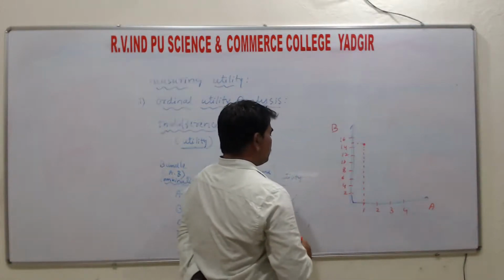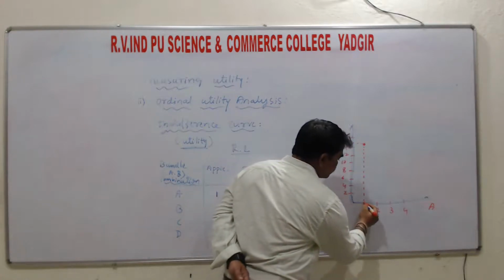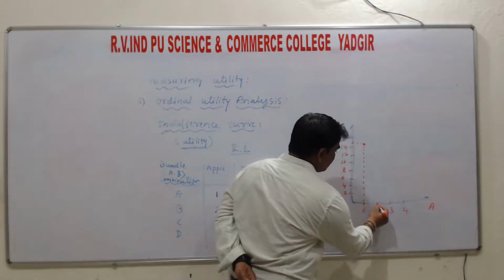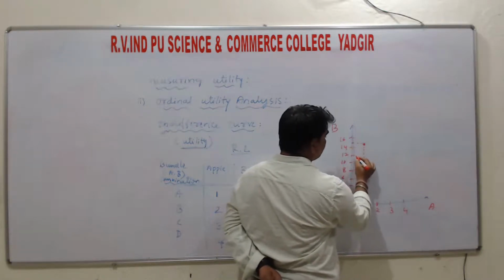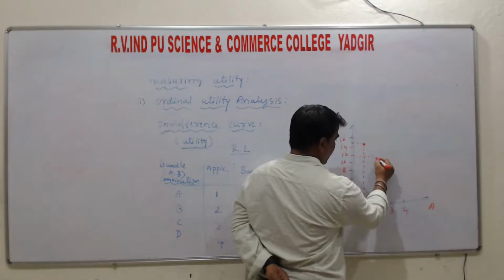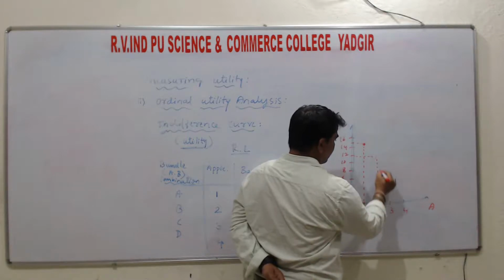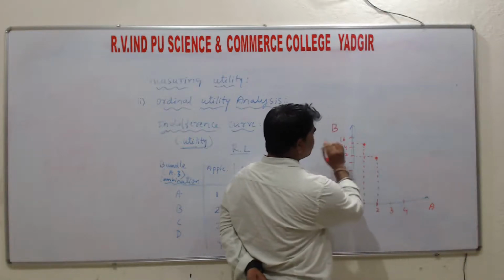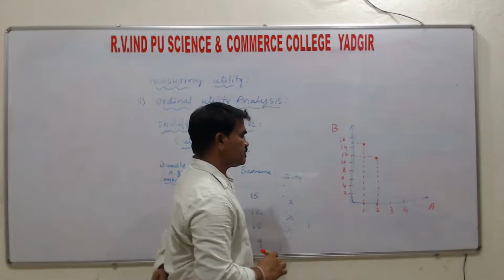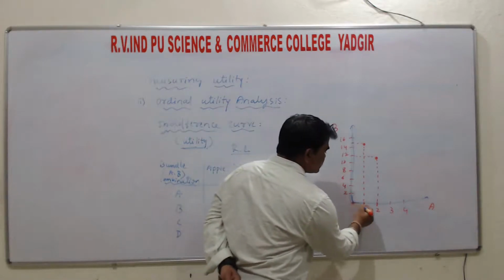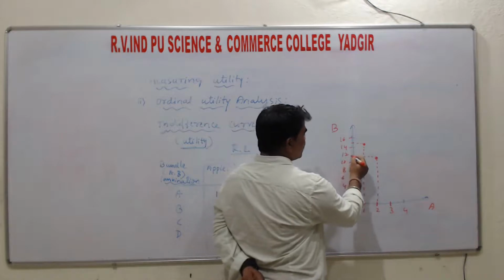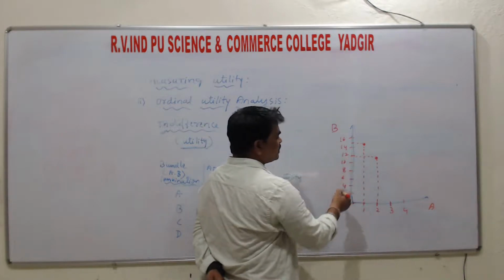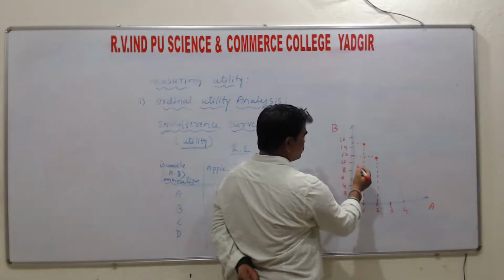If he wants one additional apple, then he needs to reduce bananas from 15 to 12. This is because of limited resources. And if he wants one more apple, then he needs to reduce the quantity from 12 to how much?